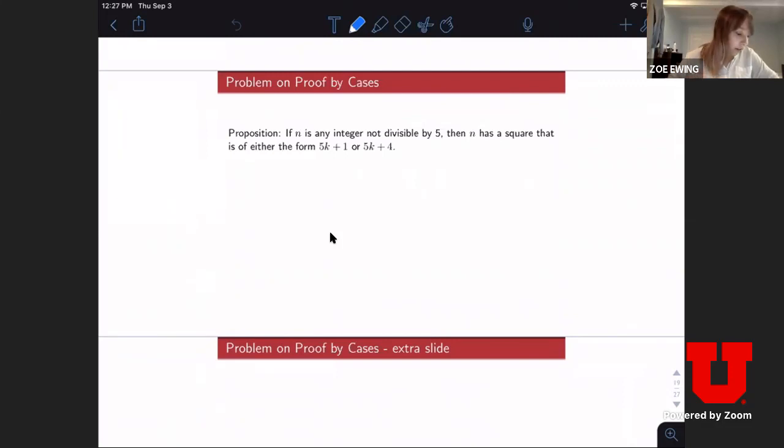So let's first figure out our hypothesis, which is if n is any integer that is not divisible by 5. We were talking about earlier that there are a few different ways to write this, but I'm going to say that this means that n mod 5 does not equal 0.